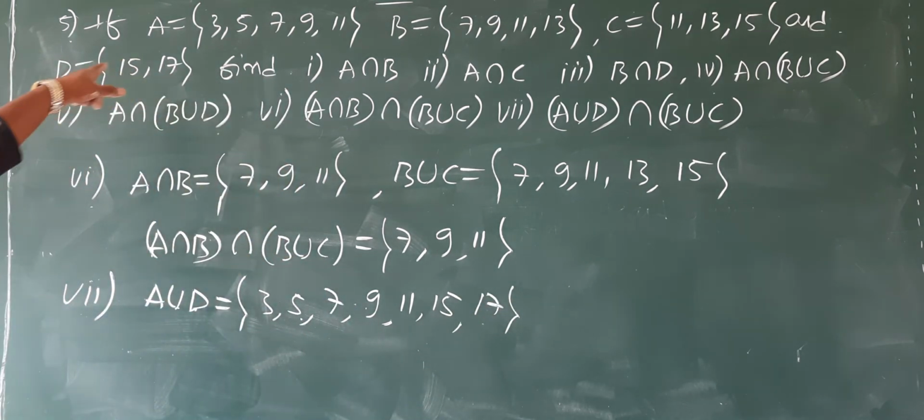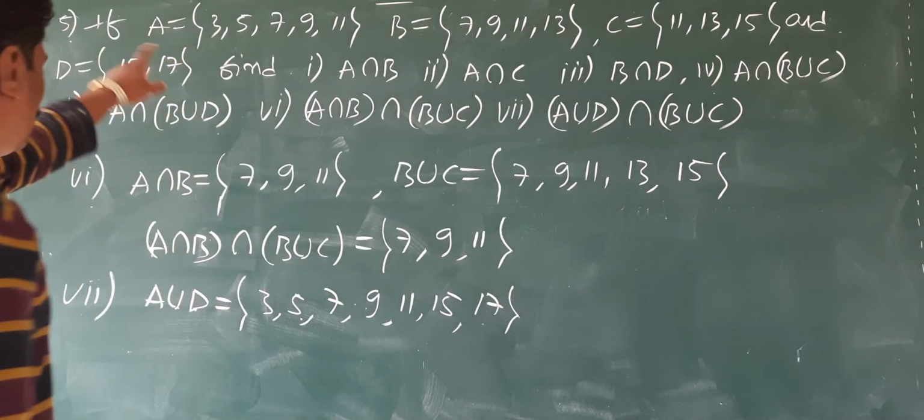This is A union D: 3, 5, 7, 9, 11, 15, 17.